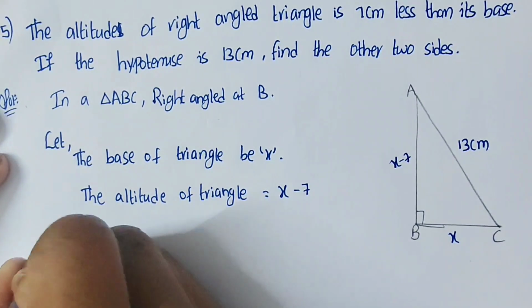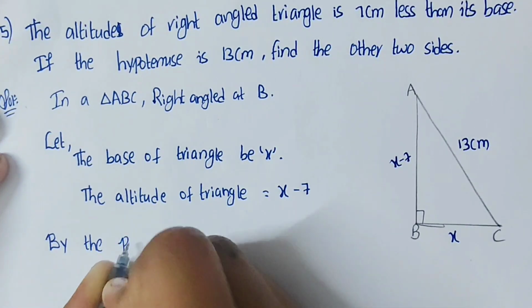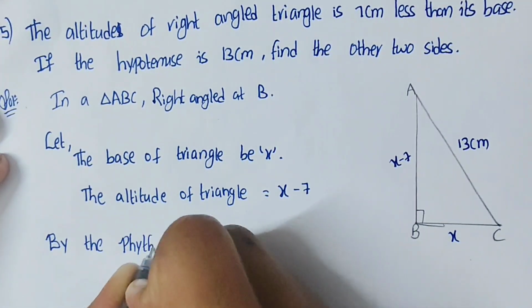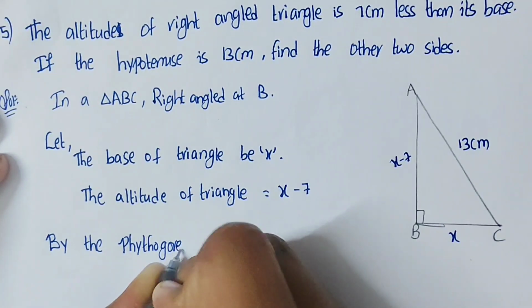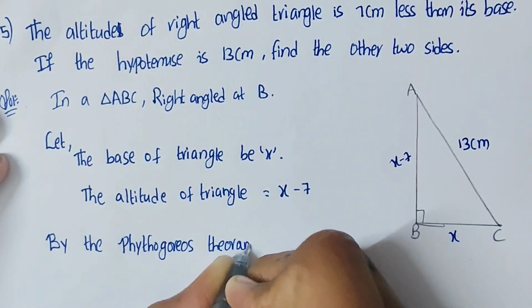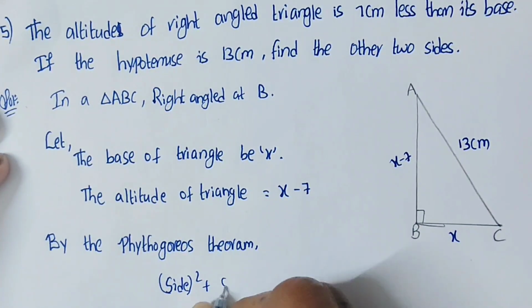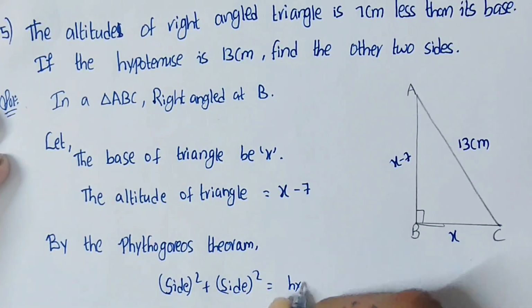So by the Pythagoras theorem, which we already learned: side square plus side square equals hypotenuse square.